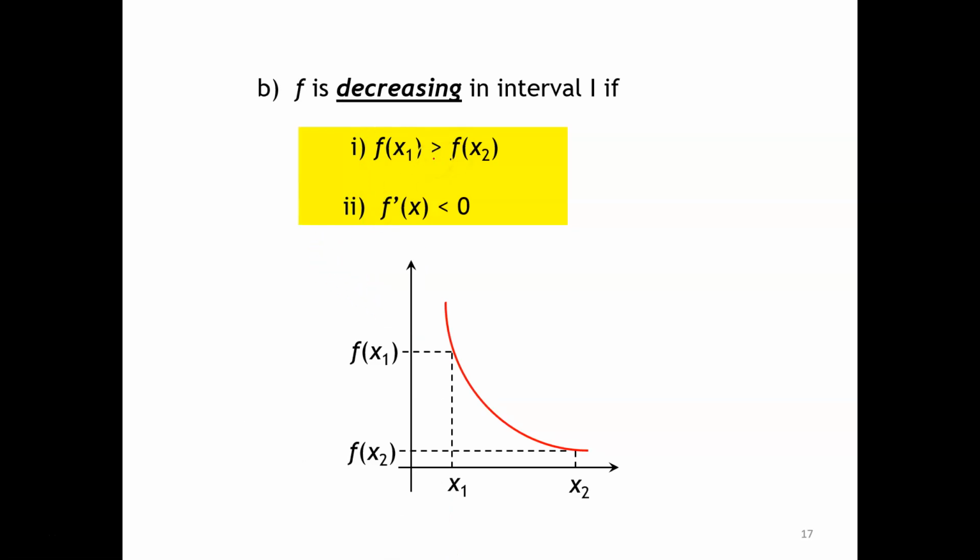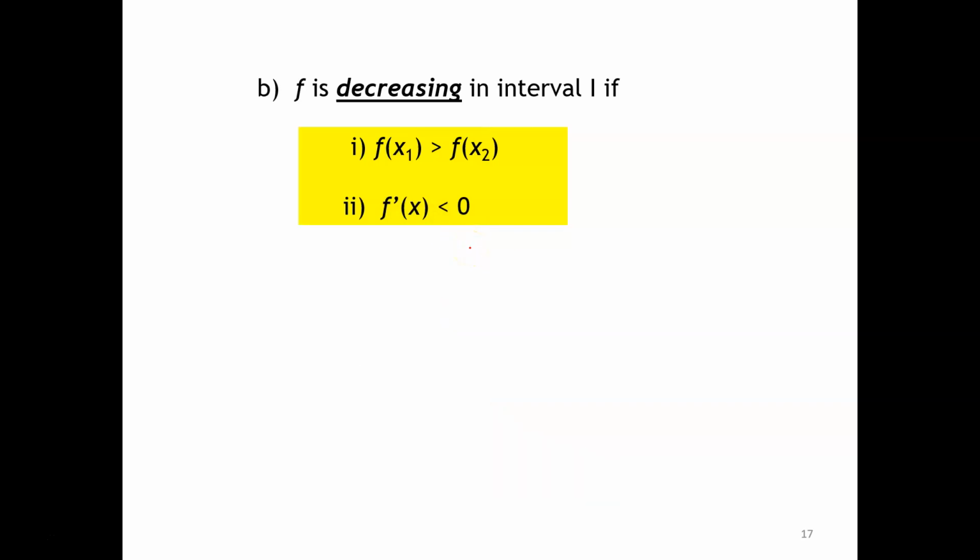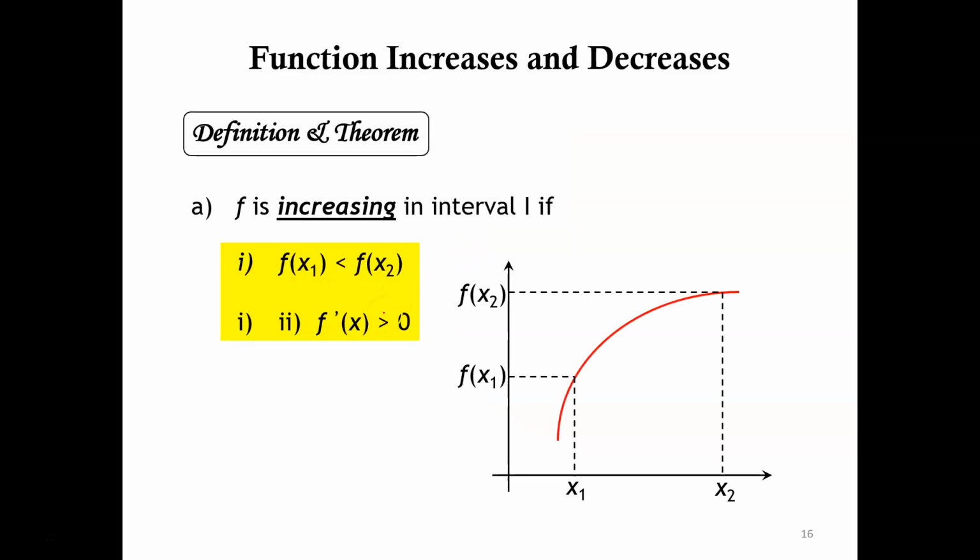It is f(x1) greater than f(x2). See, f(x1) is bigger than f(x2), so obviously the graph is decreasing, going down. And also the first derivative of the function is less than 0. Just now you had greater than 0 when it is increasing.